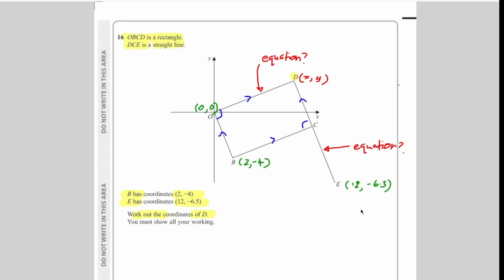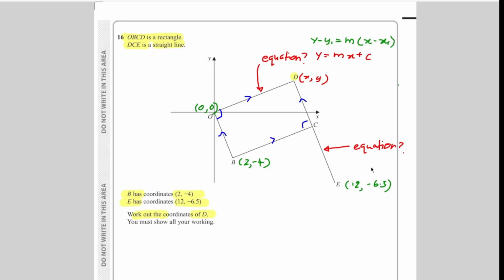To get the equation of OD, what is the format of the equation of OD? We know that it is y equals mx plus c. I don't know whether you know this format. Do you? Check out whether you know this format. y minus y1 equals m times, which means the gradient, times x minus x1.